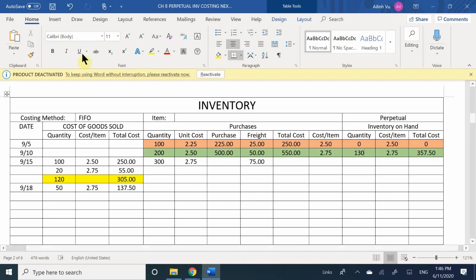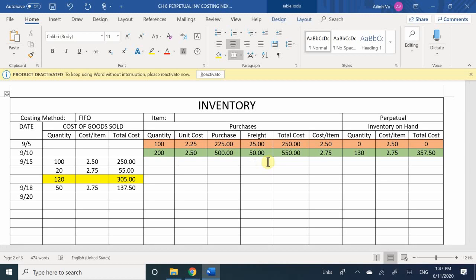So now we're here on the next problem. What was the date on that one? It was September 20th, right? I'm gonna go ahead and pull this down so we can keep our data organized, so you know when you made your purchases.